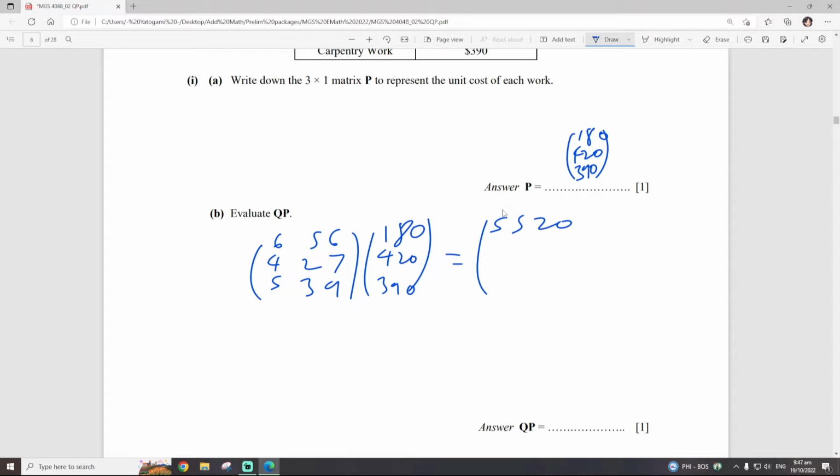You will get 4,290 here, and for the last row, $5,670.